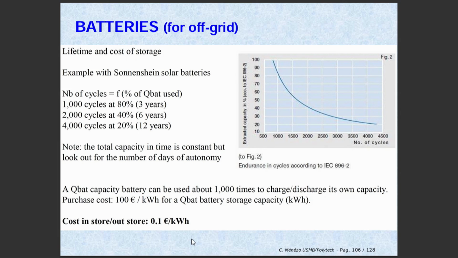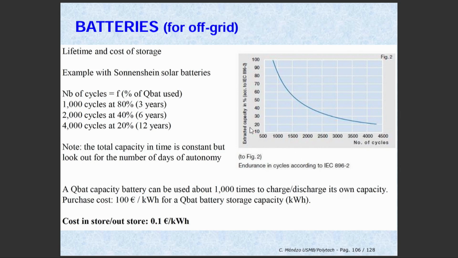So we never discharge a battery completely, because if we do each time 100% of discharge and recharge, the number of cycles will be limited. The more you are going into the depth of the battery, the more you are limiting the number of cycles. It's quite simple, and it's not linear.